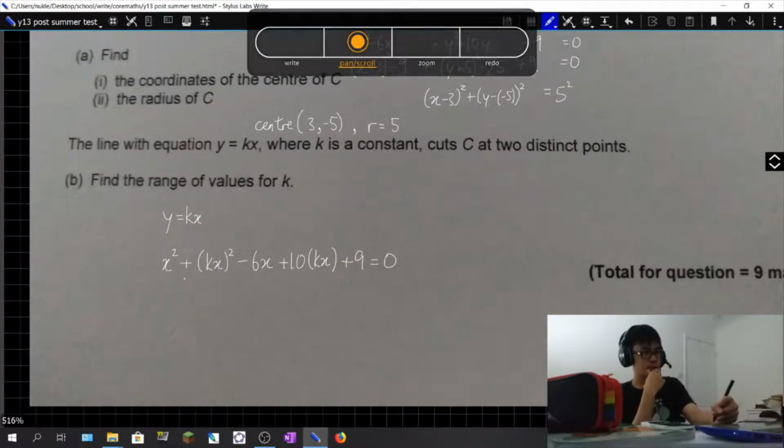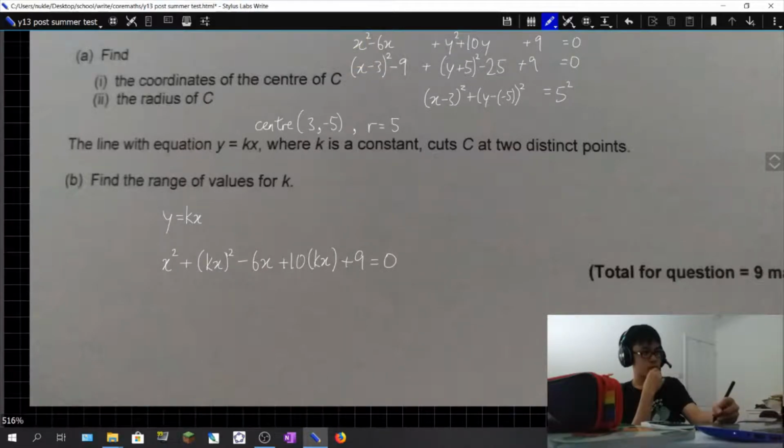So if you square both things, you're going to have x squared plus k squared x squared. Okay, and that's a 1x squared plus k squared x squared. So you can factorize out the x squared, and you're going to get k squared plus 1.